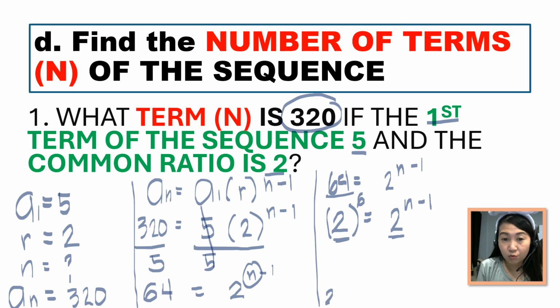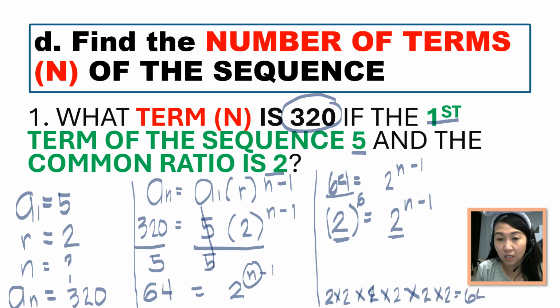So that would be 2 times 2, this is 4. 4 times 2, this is 8. 8 times 2, that would be 16. 16 times 2, that would be 32. 32 times 2, that is 64. So 1, 2, 3, 4, 5, 6. Ibig sabihin, yung 2 raised to 6, equal lang din siya sa 64. Again, anong ginawa natin? Kailangan parehas ang base ng left side and right side ng iyong equation. Okay?